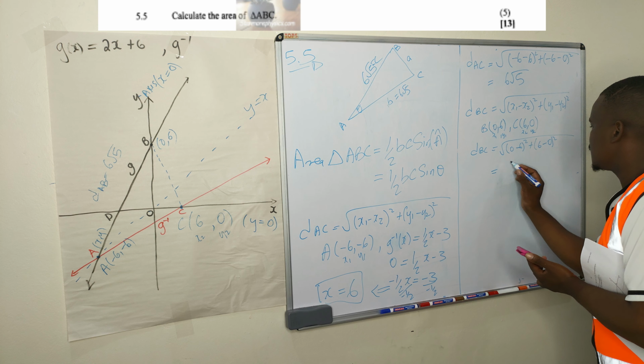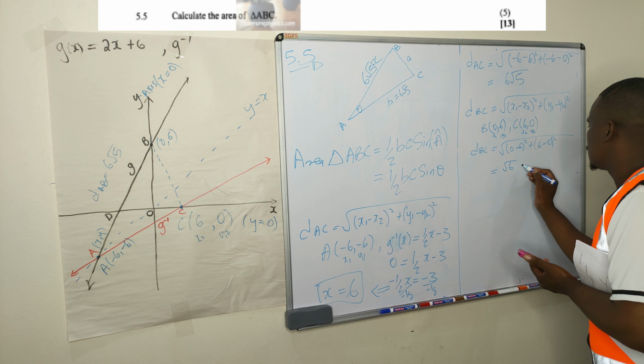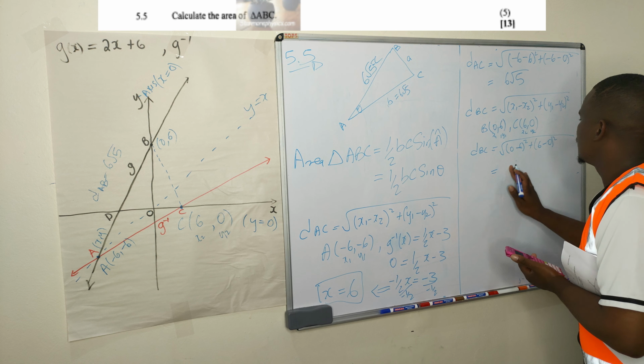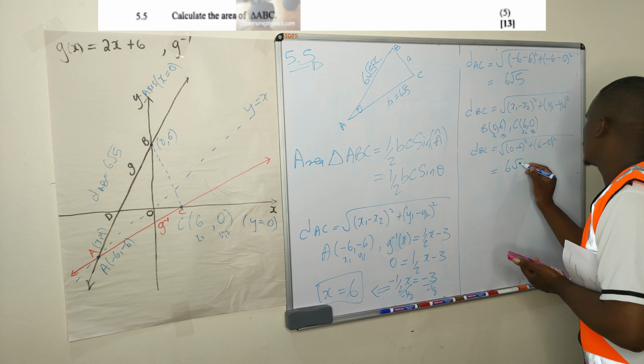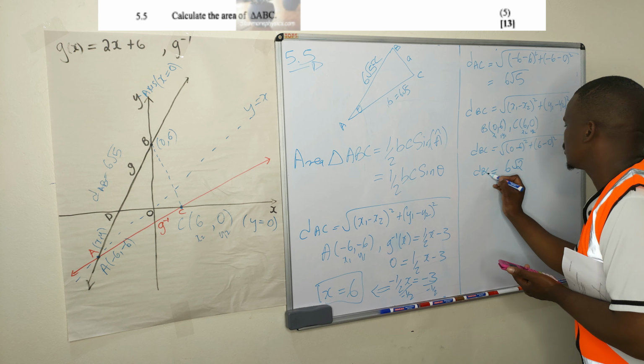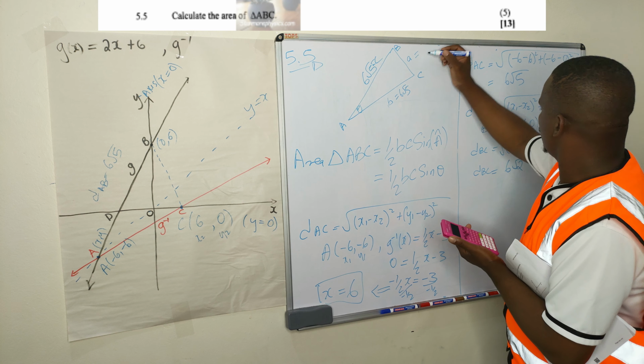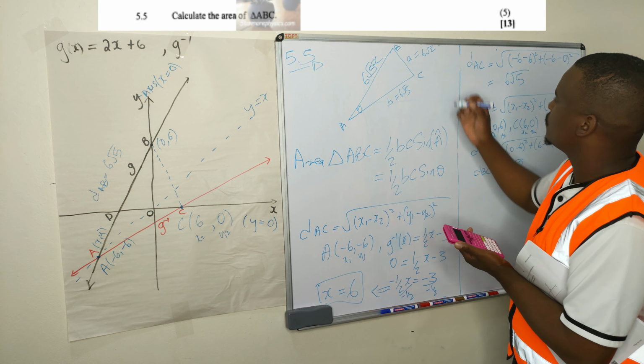Punch this in your calculator. So our distance is square root of 72. Oh, it's 6 root 2. That's our distance BC. So we have our A to be 6 root 2.